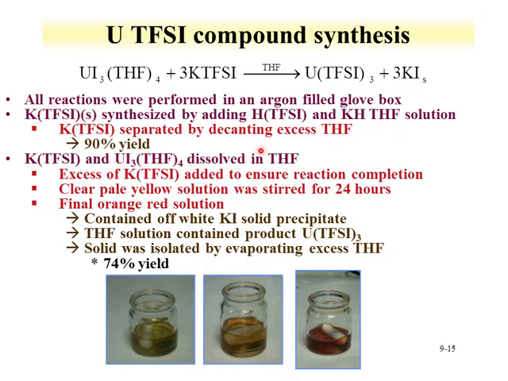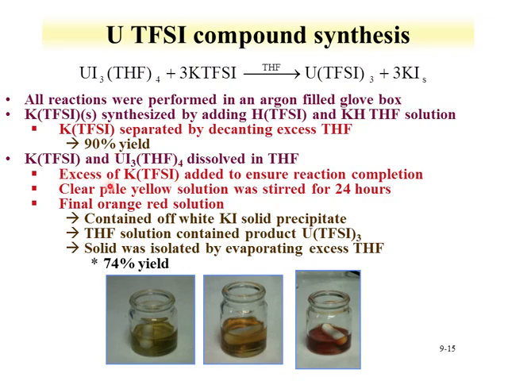This synthesis is fairly straightforward. It's shown here where we have the uranium triiodide in tetrahydrofuran, and some potassium TFSI ligand is added together under THF, where we get a potassium iodide product and the uranium TFSI compound.